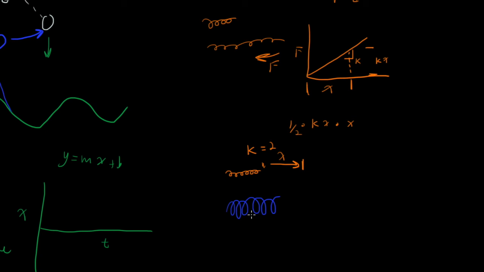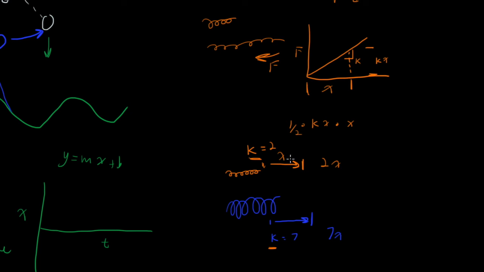But if I have a larger, beefier spring that's harder to pull out, and I pull it out the same distance, k might be, say, 7. So now if I pull it out that same distance, suddenly my force here is 7x, where here it's only 2x. So the bigger the spring, the harder it is to pull out, the bigger that k value is. That's what that k is really standing for. It's how difficult it is to stretch or compress this spring. k is really a measure of that.